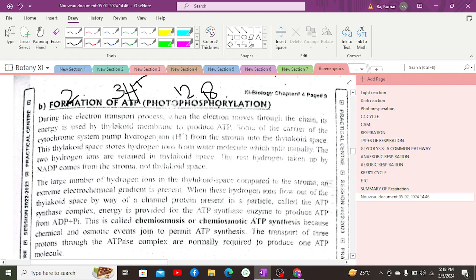Pumping of 3 protons gives 1 ATP molecule, and addition of 2 protons gives 1 NADPH2 molecule.